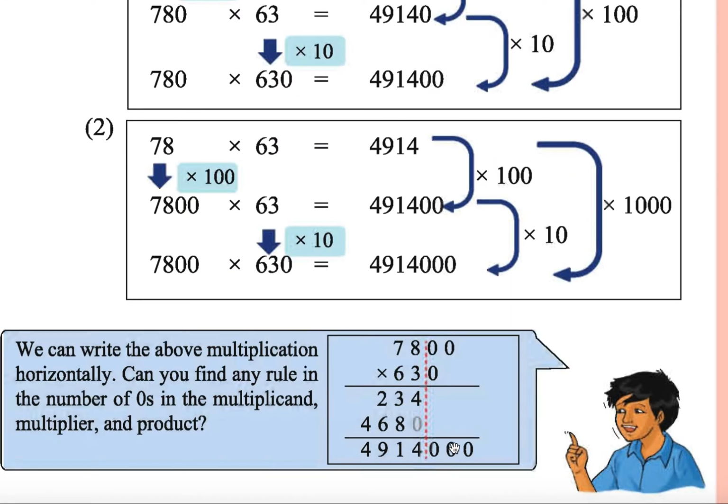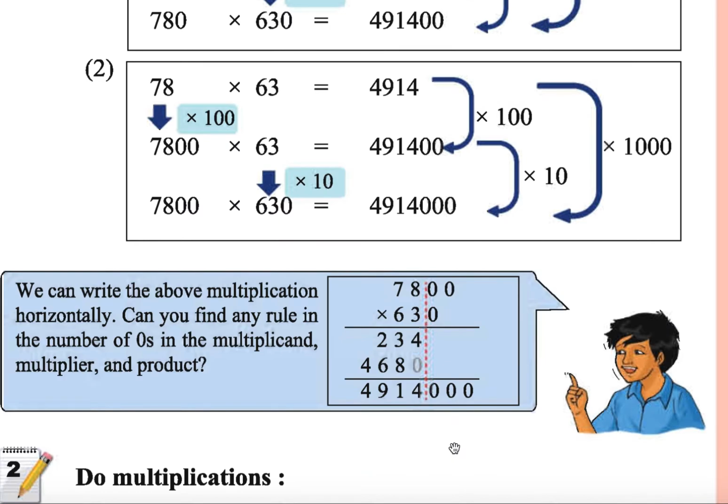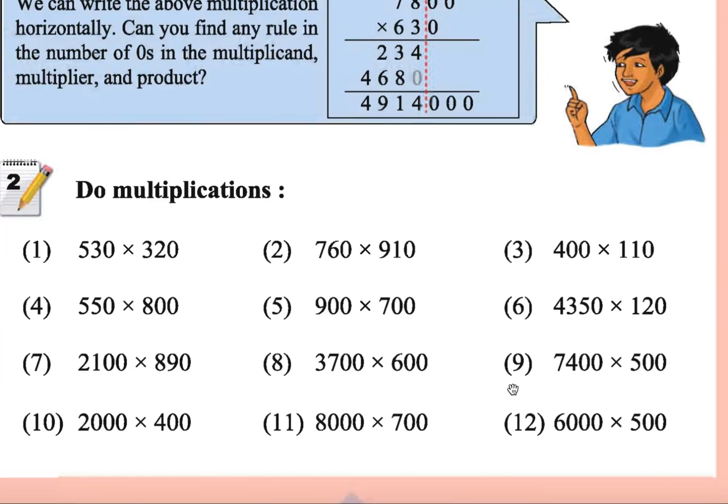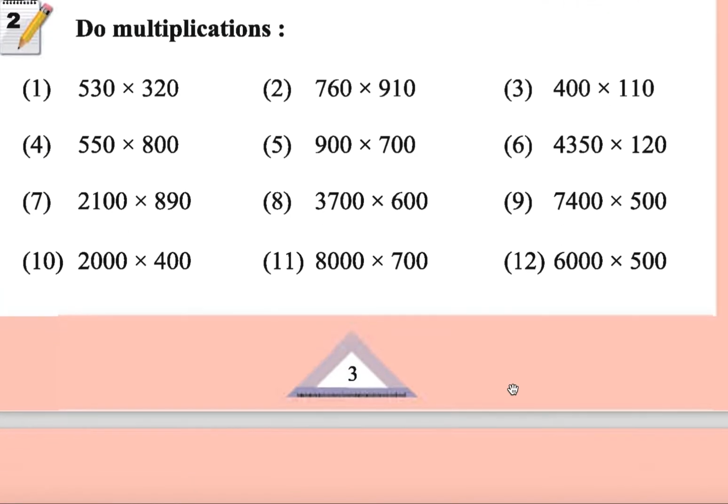Very easy method. We can simply take 78 into 63, just write 4914. How many zeros are there? Write them at the extreme right. That's it. Now do the multiplication again.